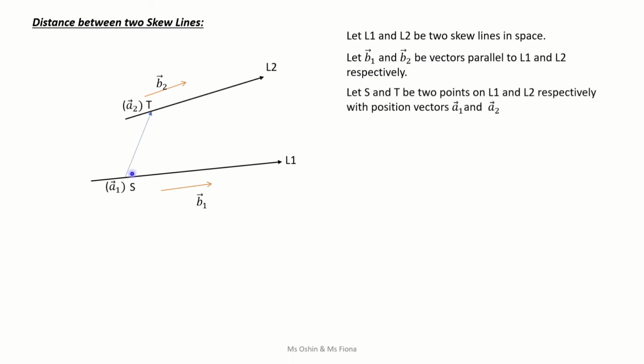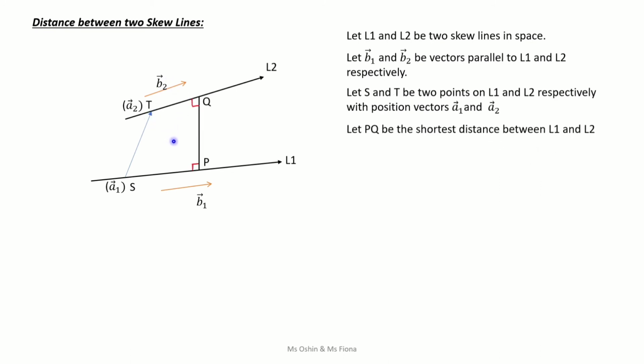We get a distance, but definitely this is not the shortest distance because this is not a perpendicular distance. So let's take the position vector of S as A1 vector, position vector of T as A2 vector. Now, as I said earlier, the shortest distance is the perpendicular distance between L1 and L2.